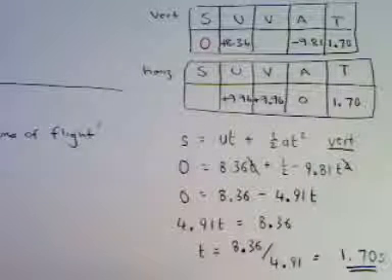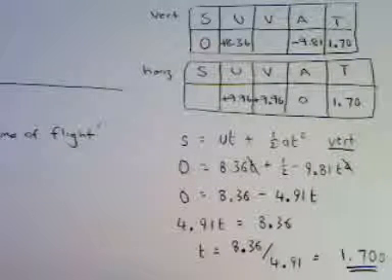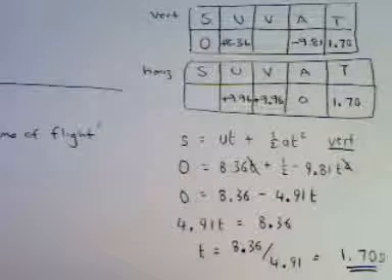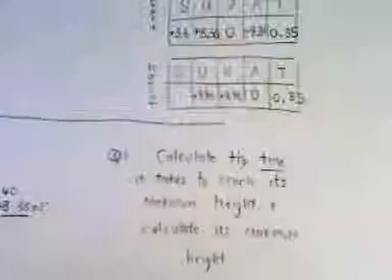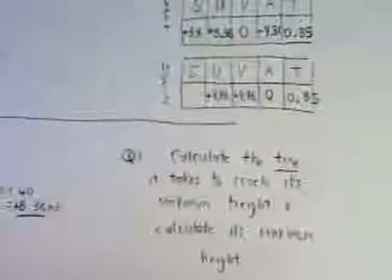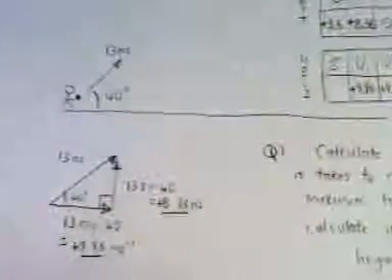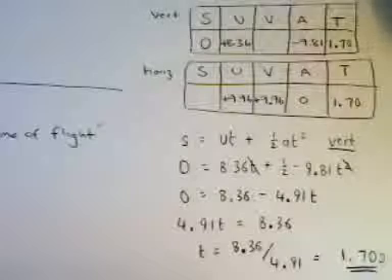Now, you may have noticed here that there is a shortcut based on our previous work. If I just remind you, at the start we calculated the time it took the projectile to reach its maximum height, and we found that to be 0.85 seconds. I summarised that in a diagram just a moment ago here.